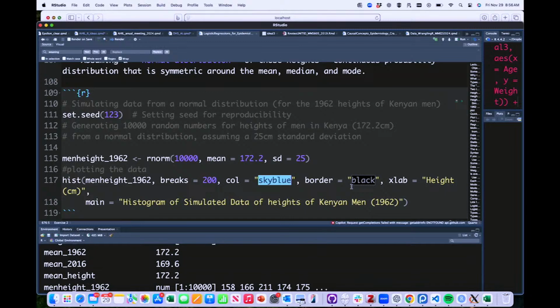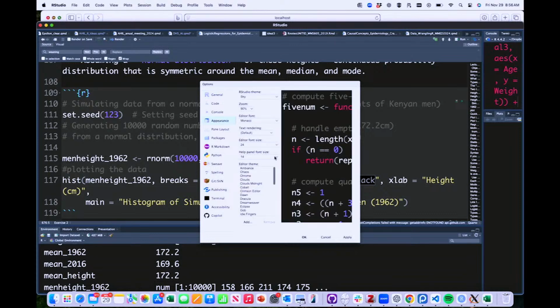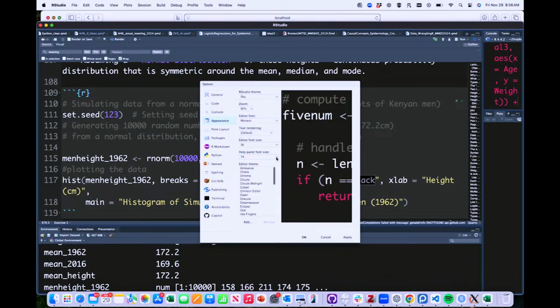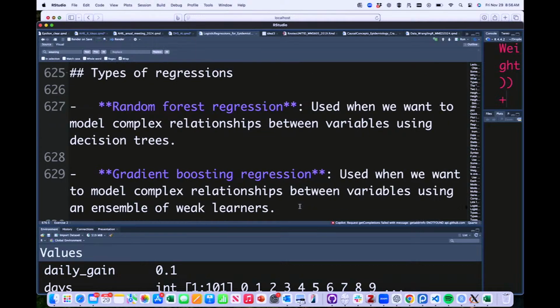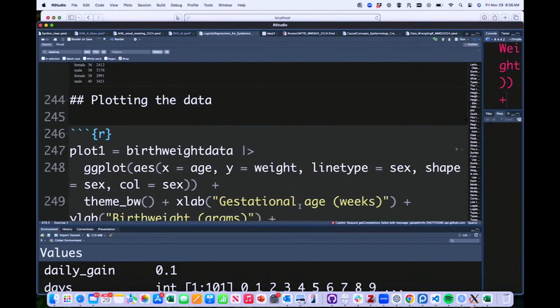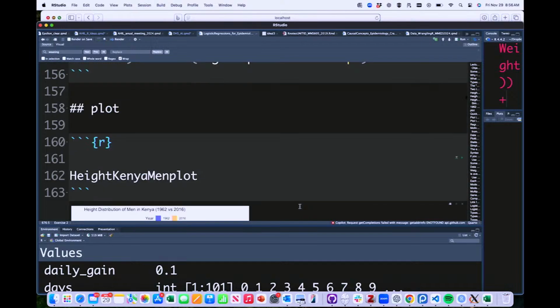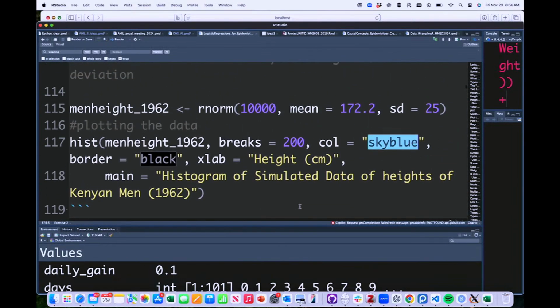Much larger than this, huh? Okay, are you done? Okay.